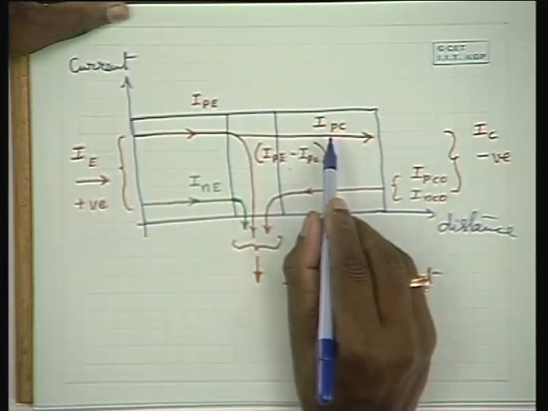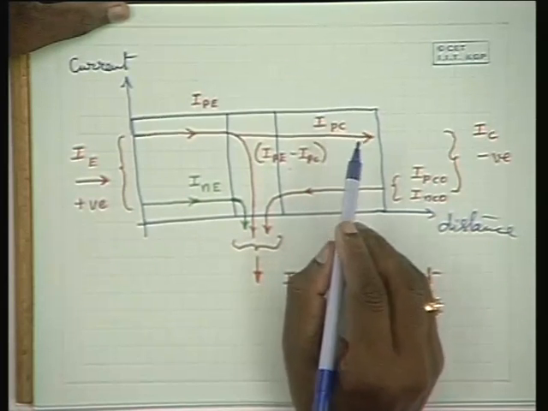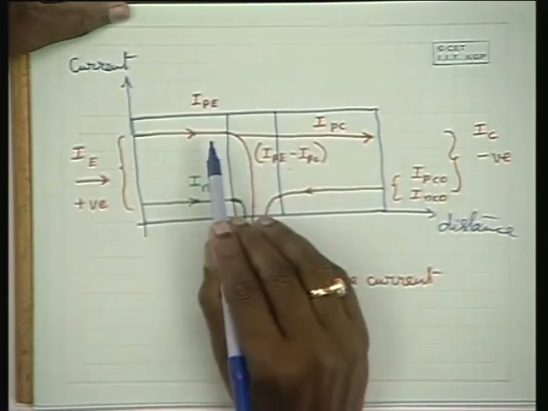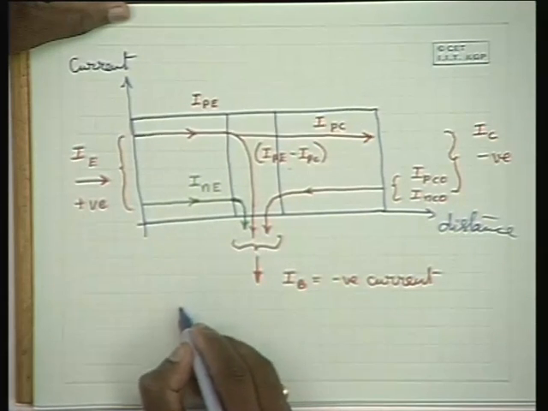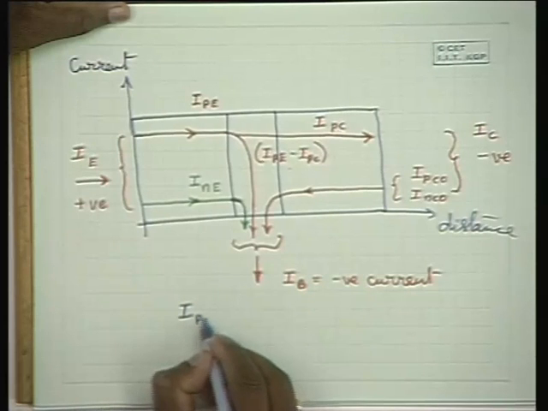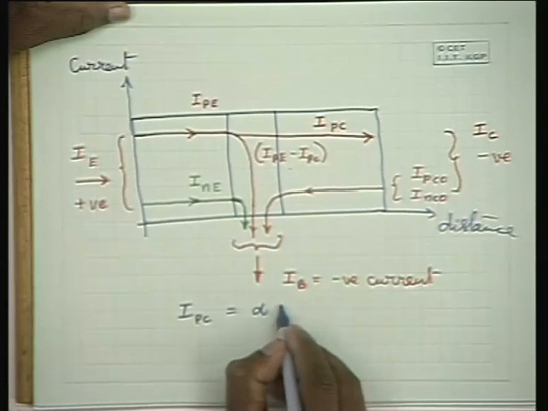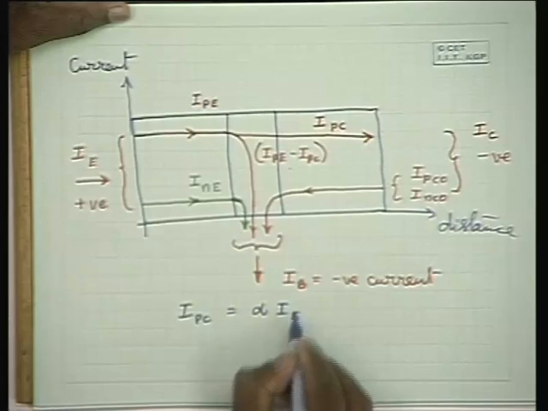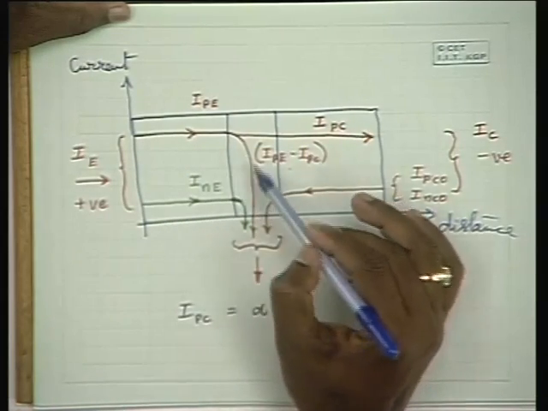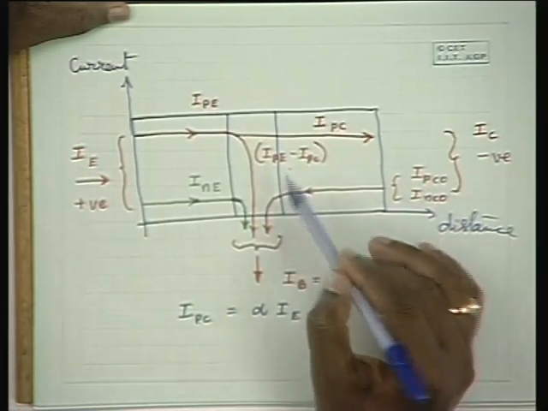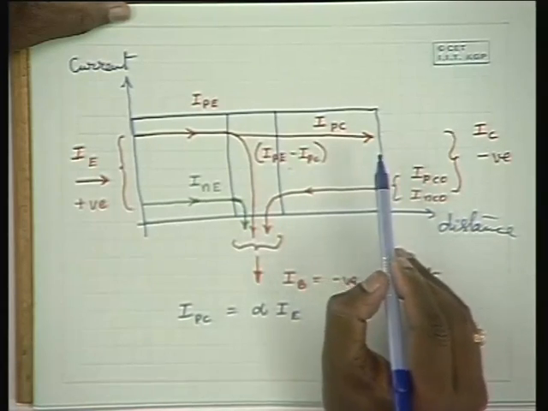So, expressing the collector current IC as alpha times IE, because a fraction of this gets diverted into the base and most of it goes into the collector.